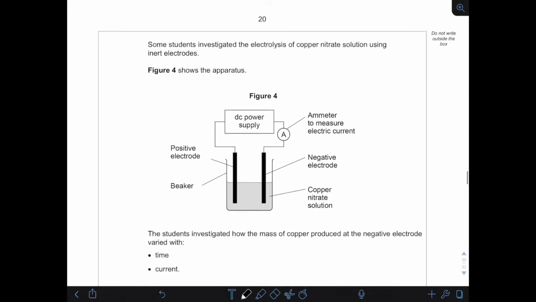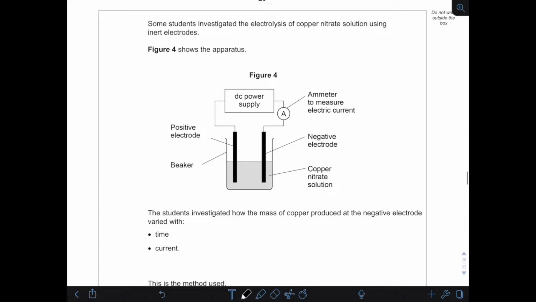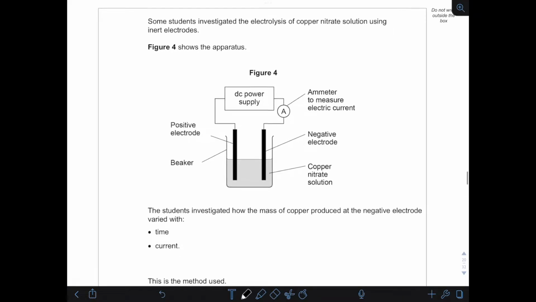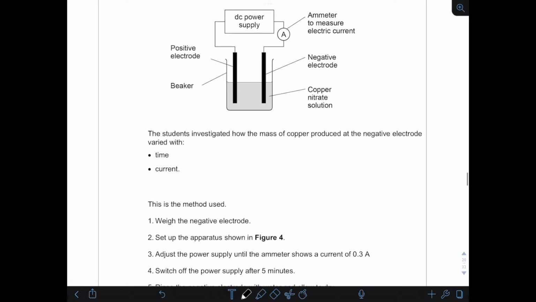So the next question is a very big one. I need to read this first. So the student investigates how the mass of copper produced at the negative electrode is varied using time and current.